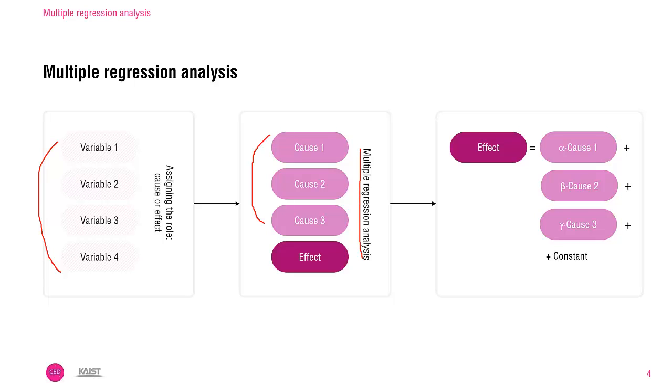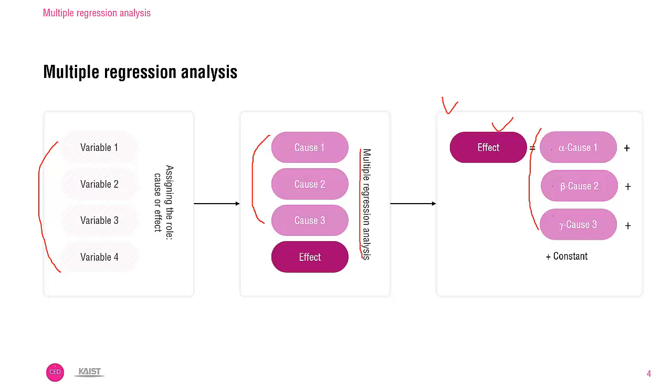The expected result is like this: an equation or a model. The effect is explained by 3 causes. The size of impact caused by each variable can be different.